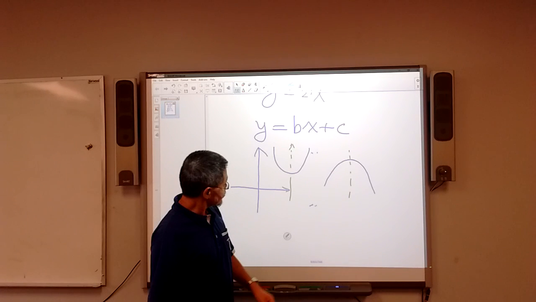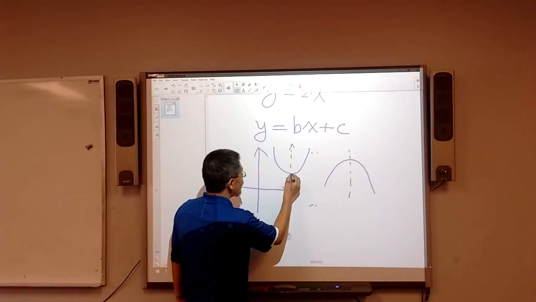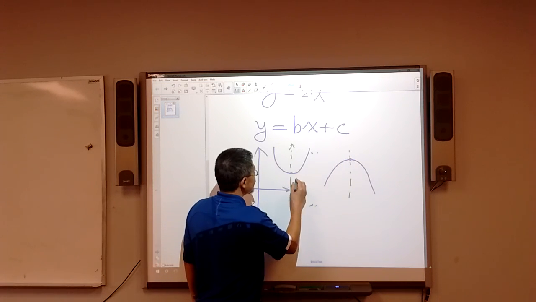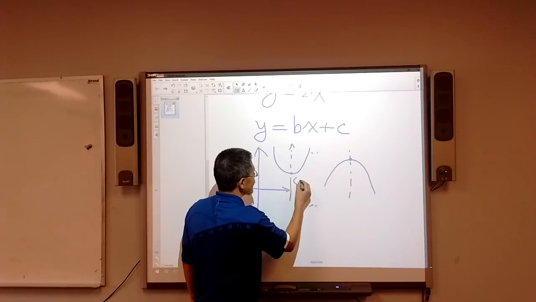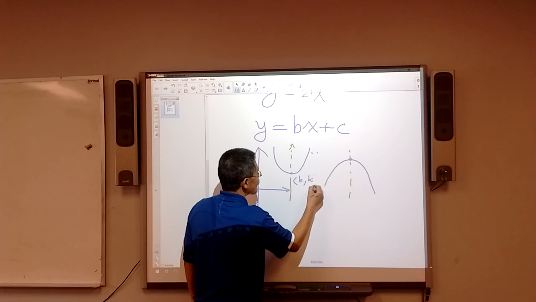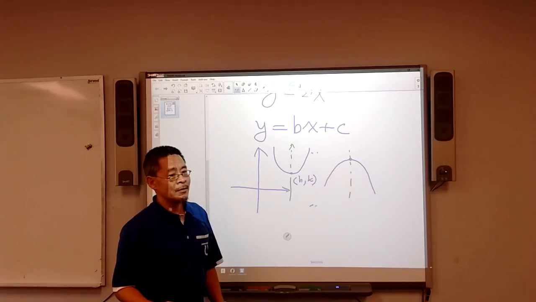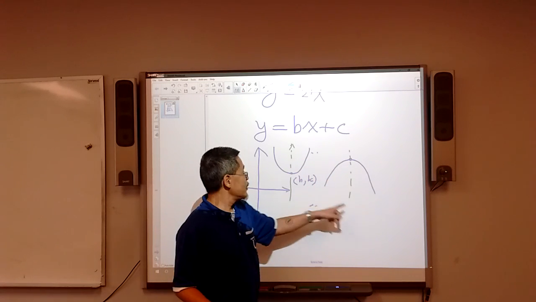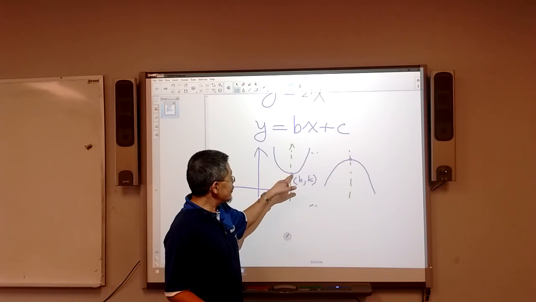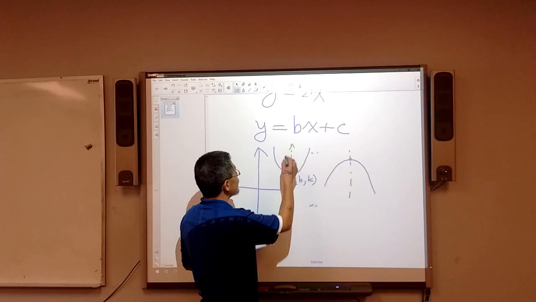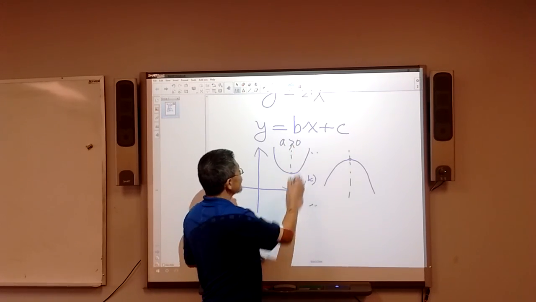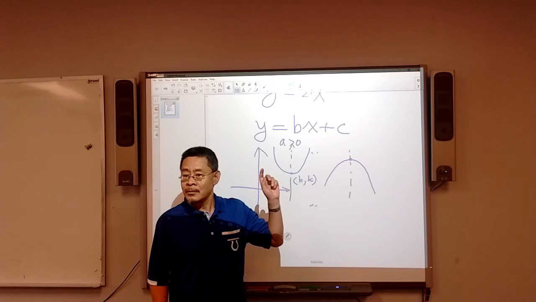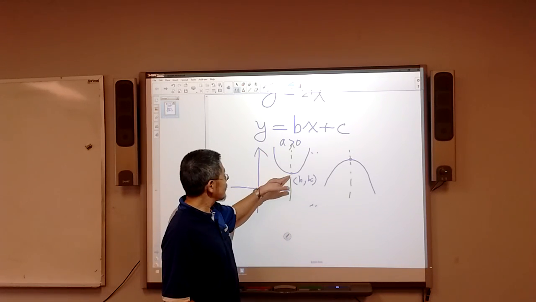And what is this point called? Vertex point. Okay. Because you have this shape, in this case, a greater than 0, we have a minimum value.